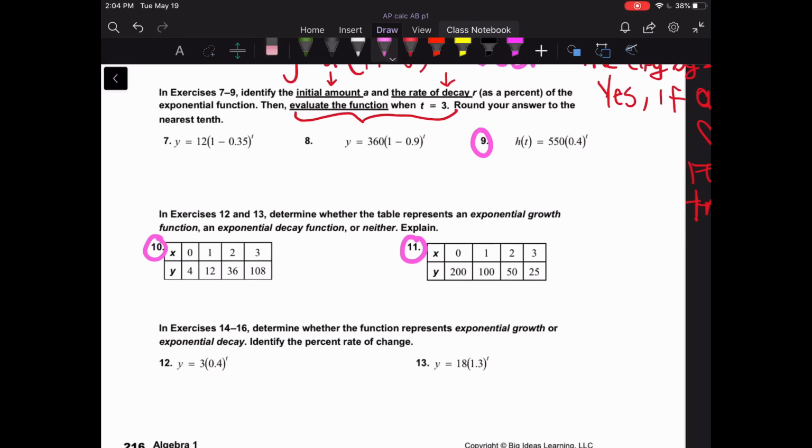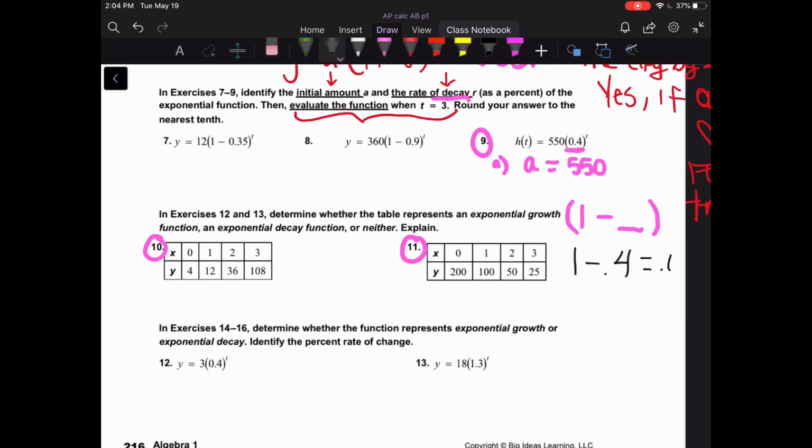So here, your initial amount, A, is the 550. What are you subtracting, since it's decay, from 1 to get that 0.4 inside? To find that out in your calculator, just do 1 minus 0.4.